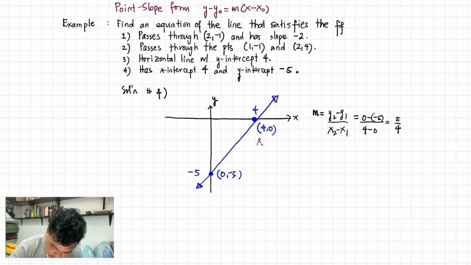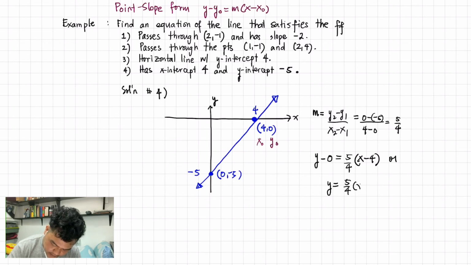And let us substitute these values in this equation. So we get y minus y naught, which is 0, equal to 5/4 times x minus our x naught, which is 4. Or y equal to 5/4 (x minus 4).